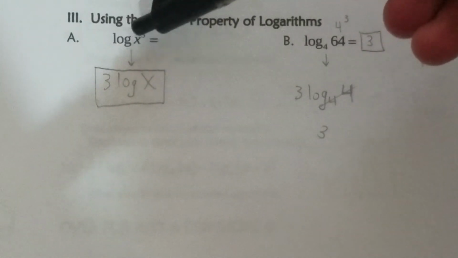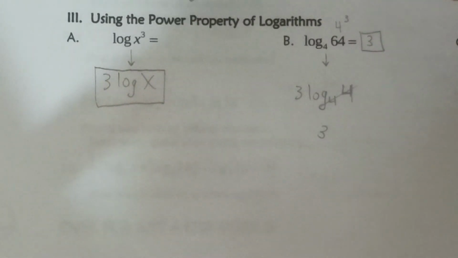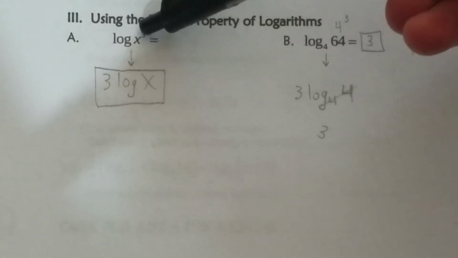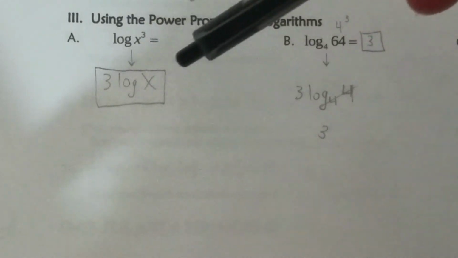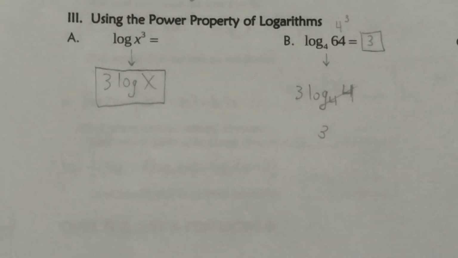You have log x to the power of 3. Now, power property, all you do is you move that exponent over here and just put it as a multiplication. And pretty much that's what's done. Because it's weird to have exponents and logs together, it just doesn't look right because they're inverses of each other. Why would you include something like that when it's really not necessary?